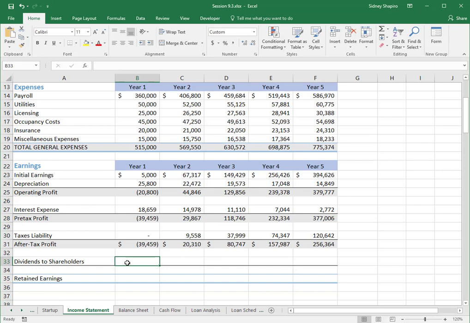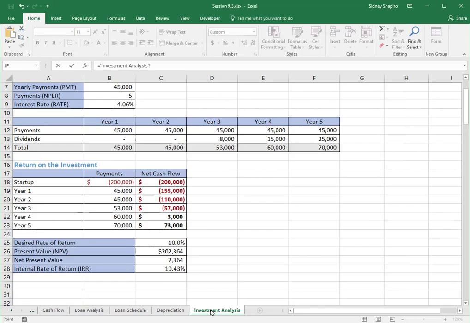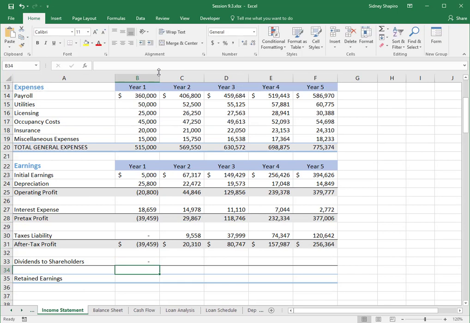All right. And we'll type in equals, and we'll go to investment analysis. Of course, they always send us somewhere else. And we're going to go to B13. So that would be right there. Investment analysis, B13. We'll hit enter. And we should get a 0.